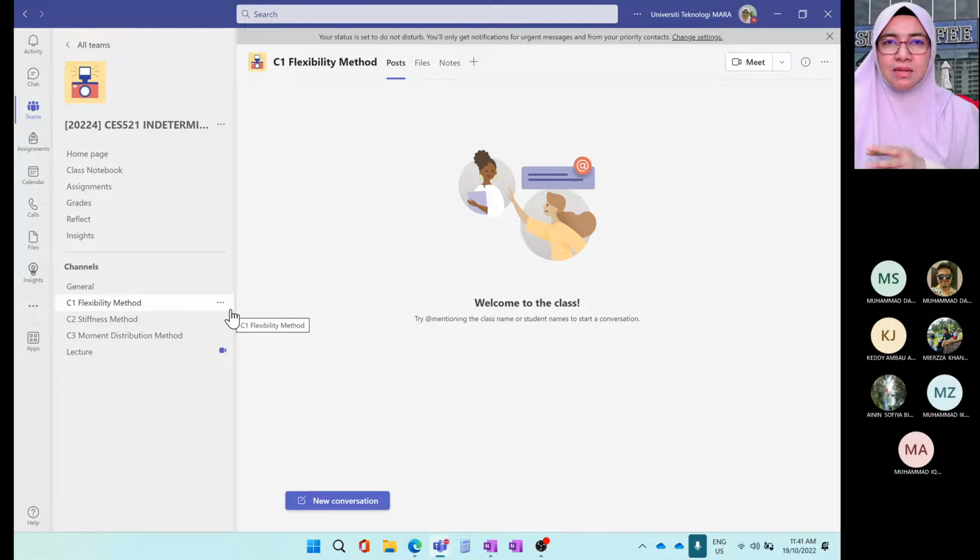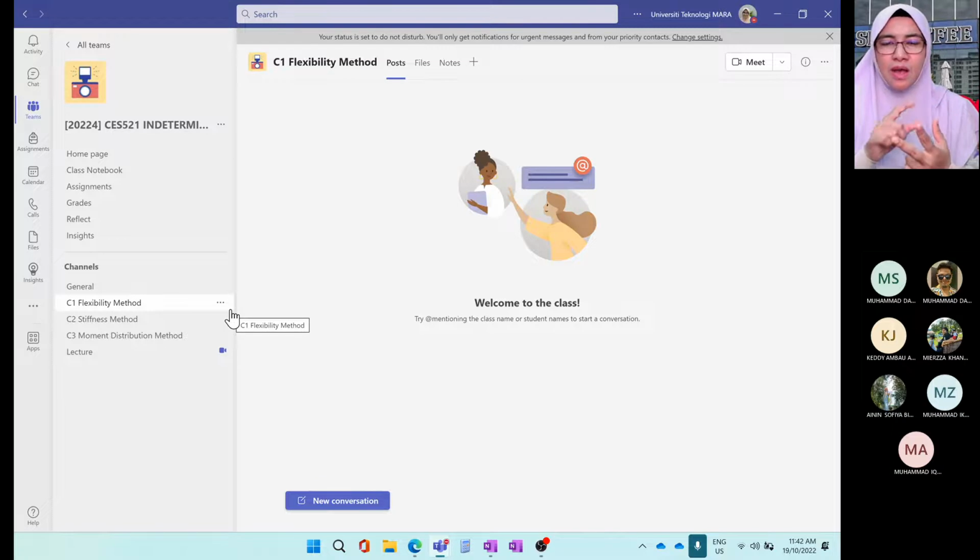And basically, in structural analysis, we are actually doing three things only. Number one, we are calculating reaction. Number two, from reaction, we will continue to calculate internal forces. And from internal forces, we continue to calculate displacement.